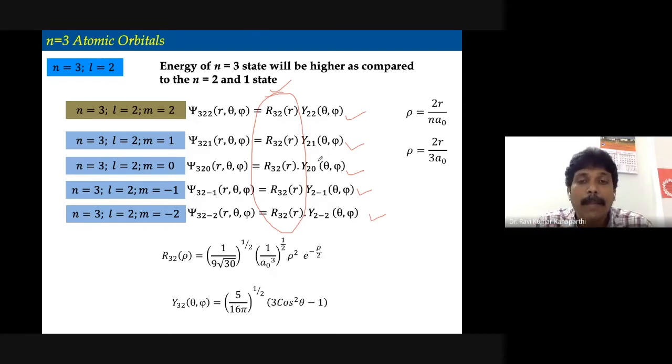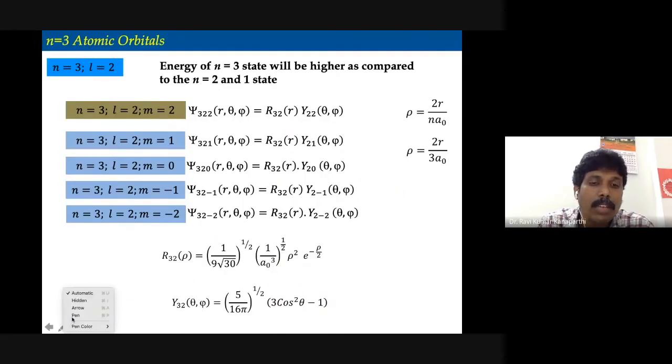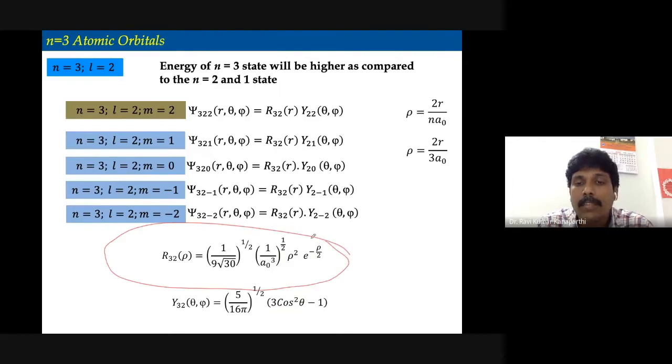And before going to discuss the 3D orbitals, I just wanted to give the radial function. The radial function of a 3D orbital is basically rho square multiplied by e to the power minus rho by 2. If anybody is interested in how this radial function looks, you can easily guess this.